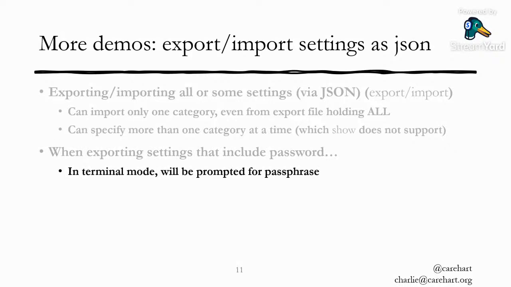If you were to do it in the terminal mode, if I were in CFSetup doing things, when I created that export, if it included a password, it would have prompted me, give me a passphrase to use. Sorry, I'm a little distracted by what just happened, because I'm trying to think how to explain this in the right context.